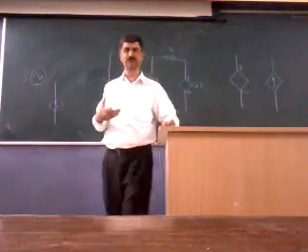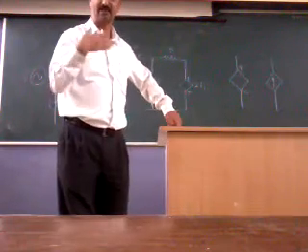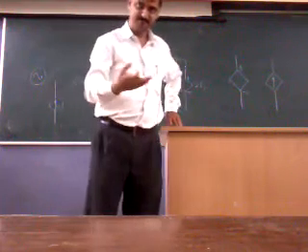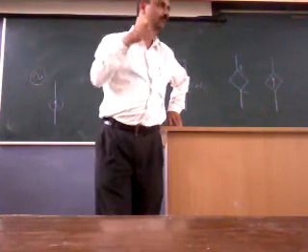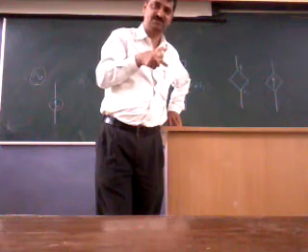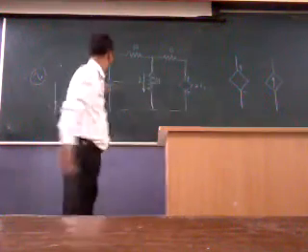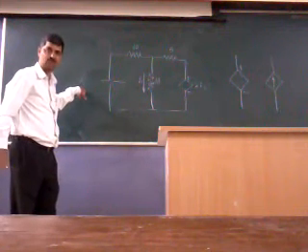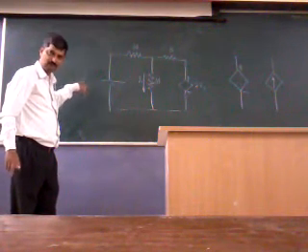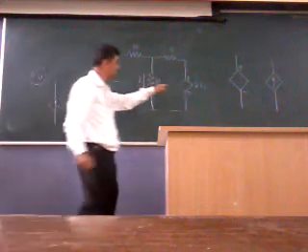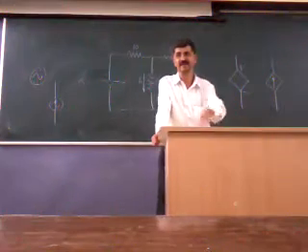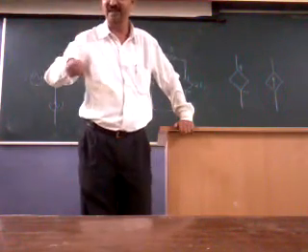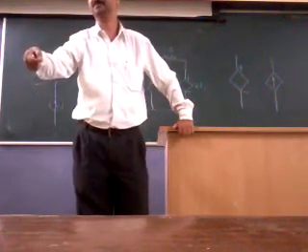A dependent voltage source is again a DC voltage source shown here, but whose voltage, up till now we had come across this symbol and we were putting a value which was constant one. Now the value of this is variable and it depends on some other parameter in the circuit.